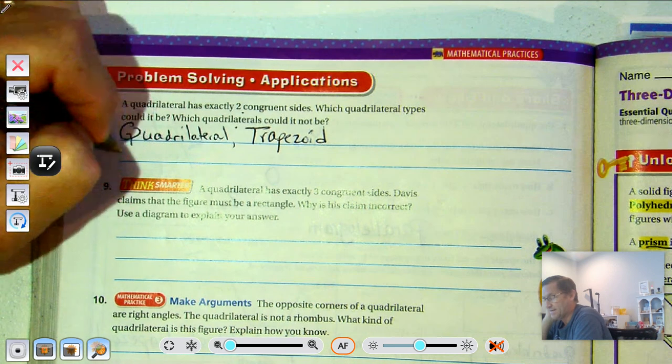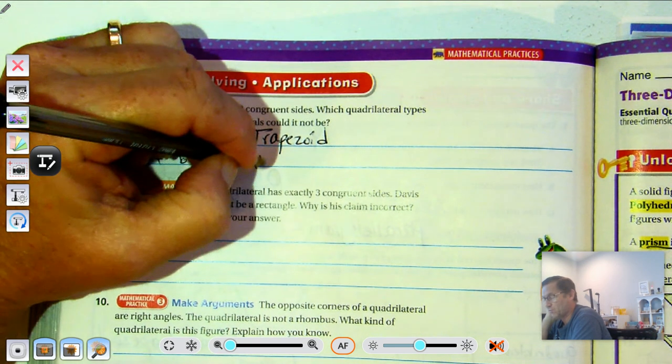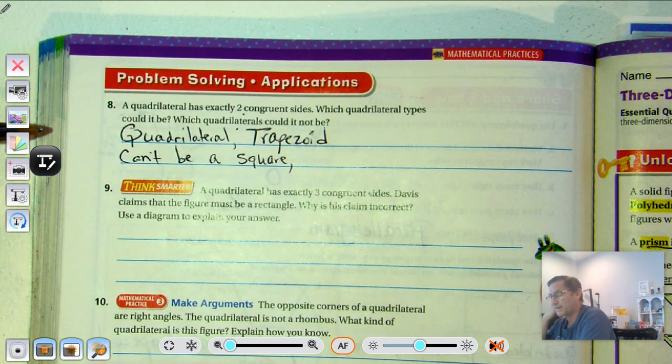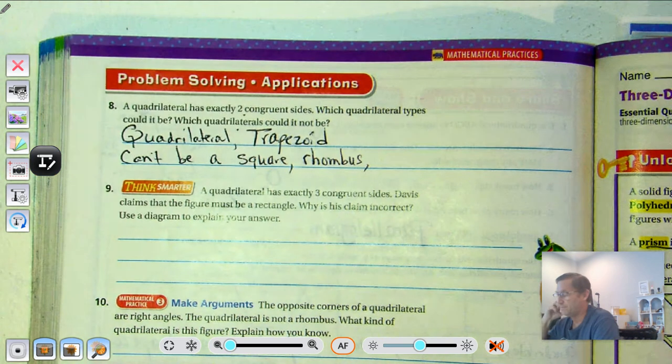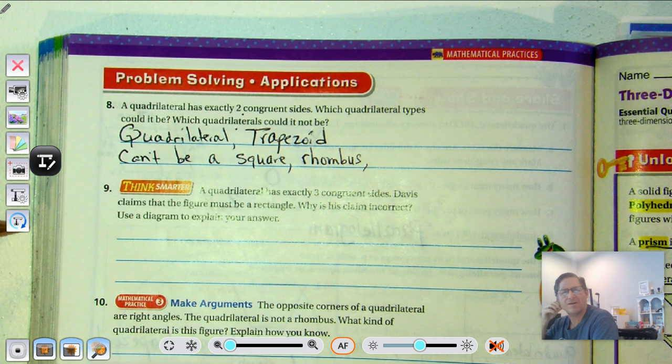Well, it can't be a square. Squares have 4 congruent sides. Can't be a rhombus. Rhombuses have 4 congruent sides. Can't be a rectangle because rectangles have more than 2 congruent sides.